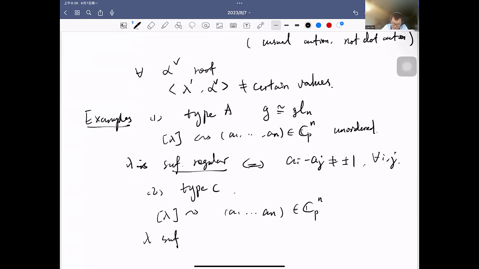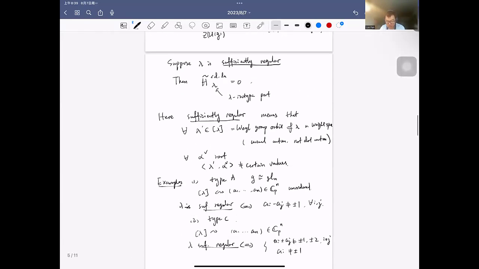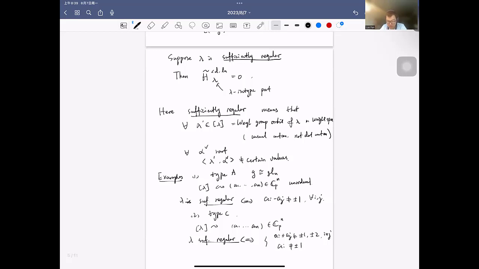Sufficiently regular just means that when you pair with a co-root, you have ai plus or minus aj is not certain values. I'm guessing in this case, it's not plus or minus 1, plus or minus 2, and for each ai, it's not plus or minus 1. I hope that these two examples give you some idea what this main result says. So this is a statement of the main theorem.